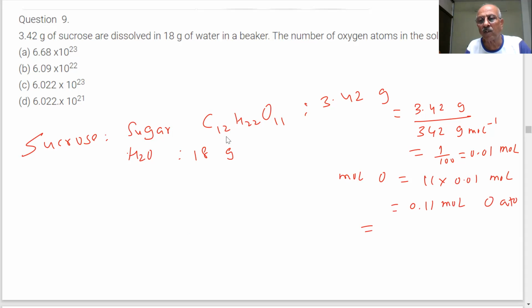If I multiply with Avogadro's number, how much does it become? 6.6 into 10 power 22. Sure? 0.11 times 6.022 into 10 power 23.